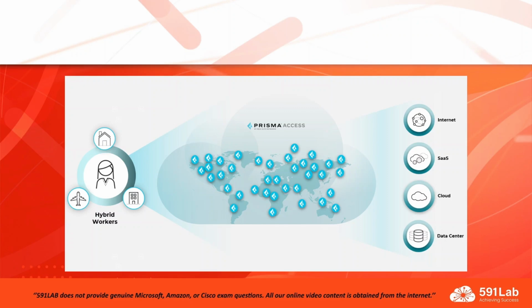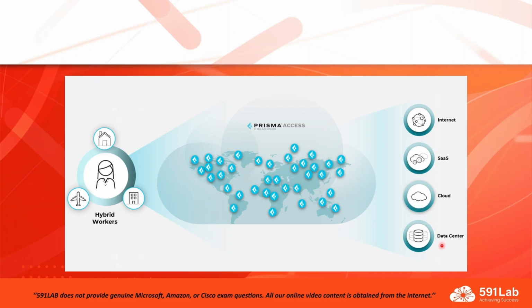Prisma Access is a cloud service deployed around the globe in every region, and it has the ability to connect hybrid workers. Wherever the hybrid workers are located, they can connect to Prisma Access and securely access either the internet, SaaS applications, cloud environments, or even private apps in the data center.